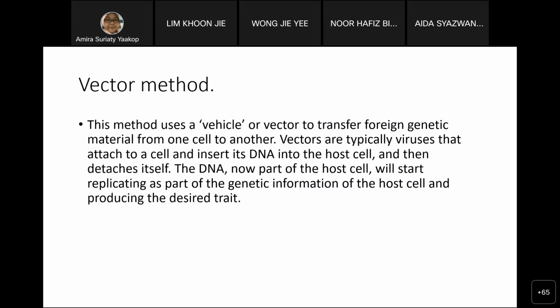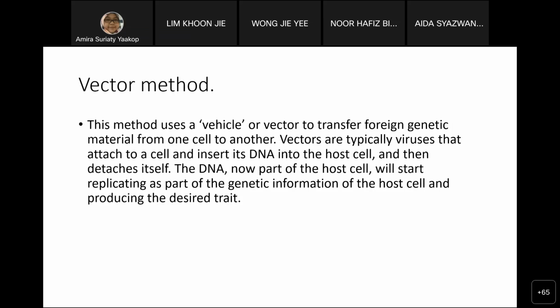So in other words, besides plasmid, we can always use a vector method, which is from a virus. So with the virus, we insert an extra gene inside it and we infect the host cell with it, so that the desired organism that we wanted the gene to be inside gets infected by the virus. Then the genetic information will be transferred to the host cell.